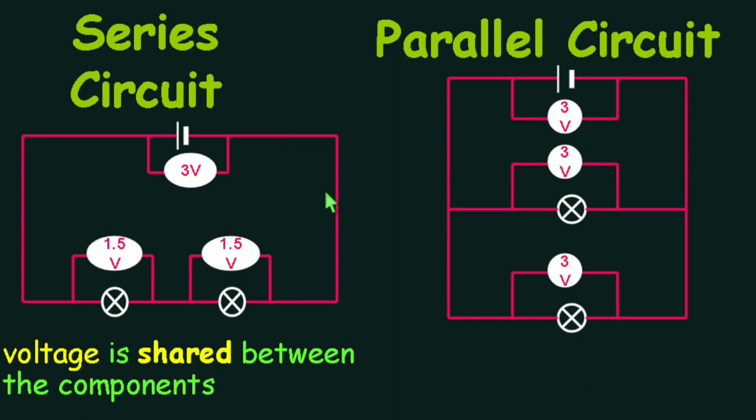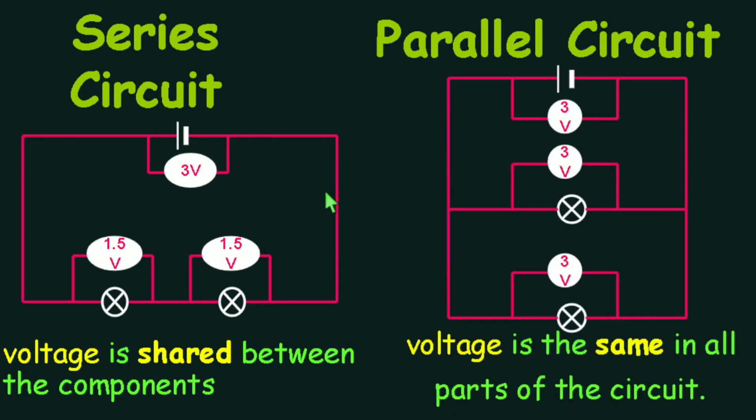And for the parallel, voltage is the same in all parts of the circuit. So, if the source has 3 volts, each component in a parallel circuit will receive the same amount of volts from the dry cell. So, if the dry cell has 3 volts, the components will receive 3 volts also, all the components in the parallel circuit.